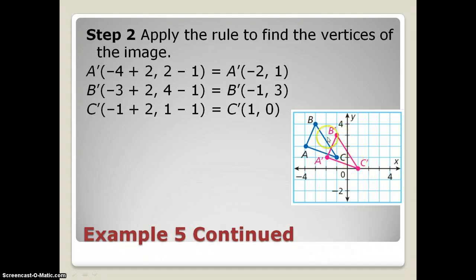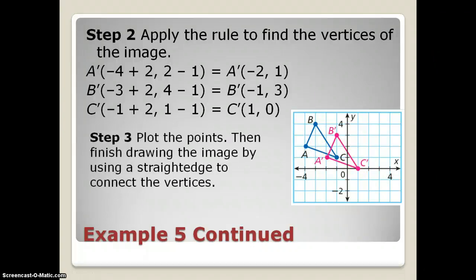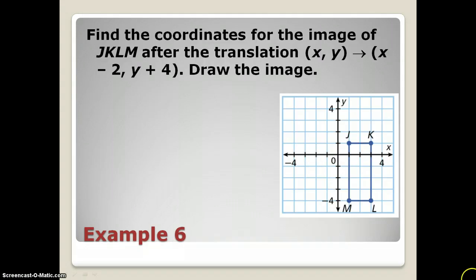When we draw this, we can see that we've taken our blue triangle and just moved it over. This is a translation. Let's try another one. We have a rectangle JKLM, and we want to draw an image from the pre-image with the rule x minus 2 and y plus 4.